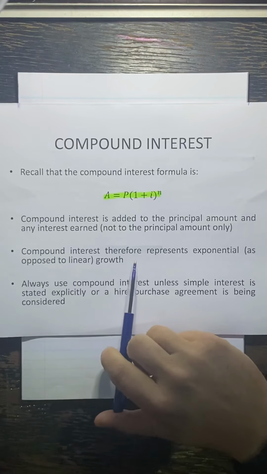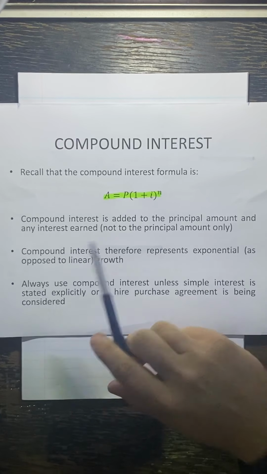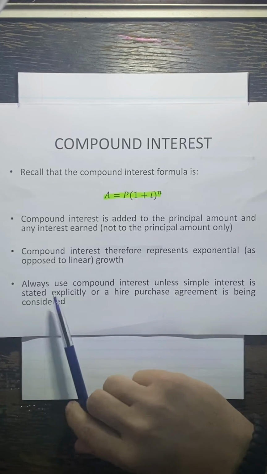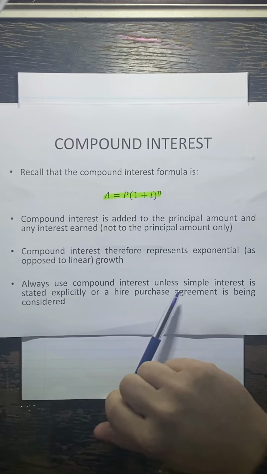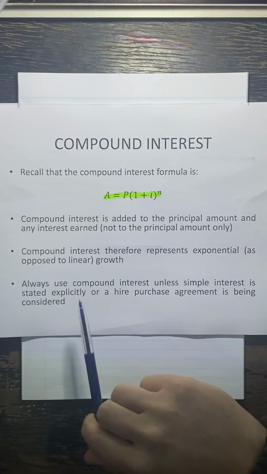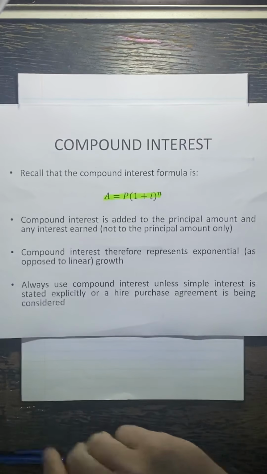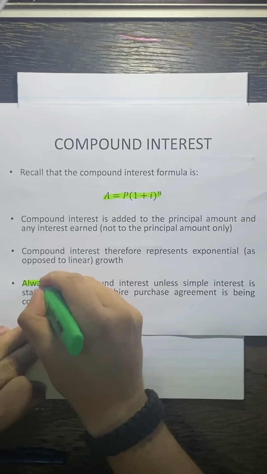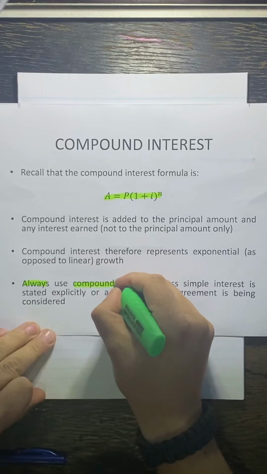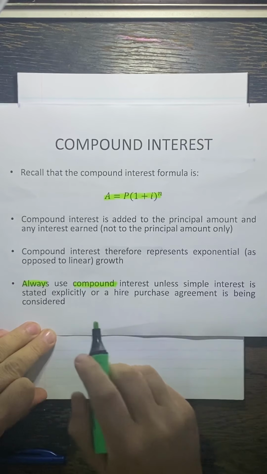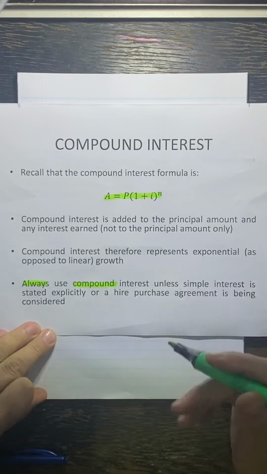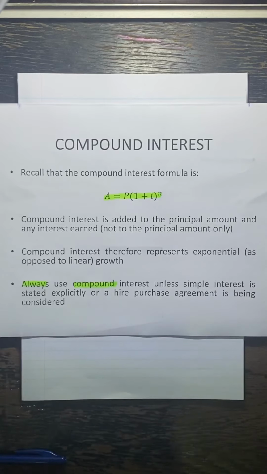Compound interest therefore represents exponential as opposed to linear. Always use compound interest unless simple interest is stated explicitly or hire purchase agreement is being considered. So always use compound interest unless they tell you you've got a hire purchase agreement or they say simple interest.